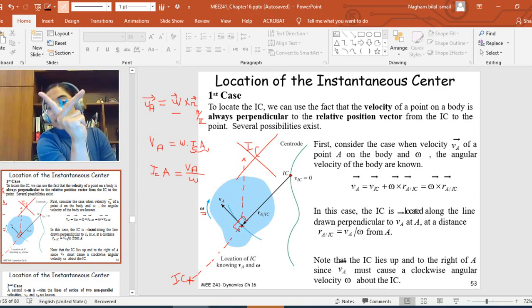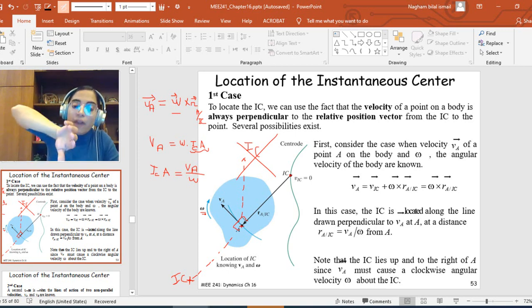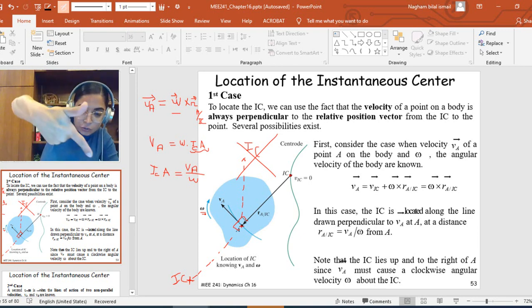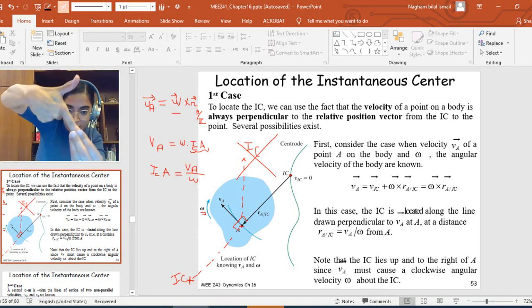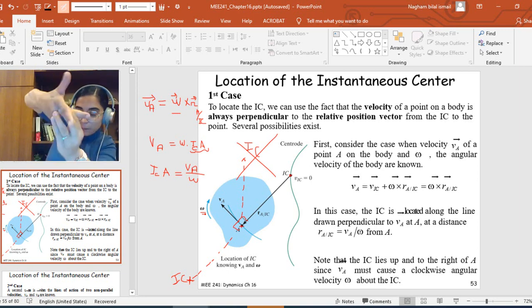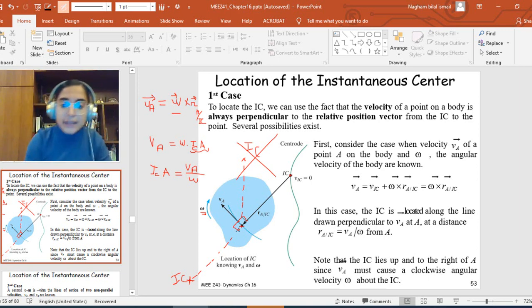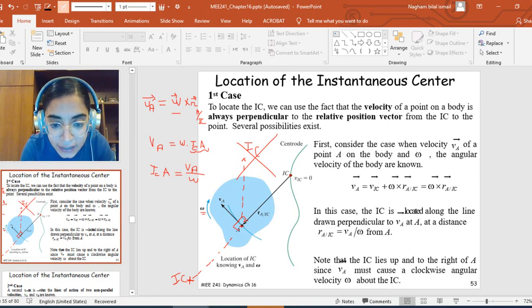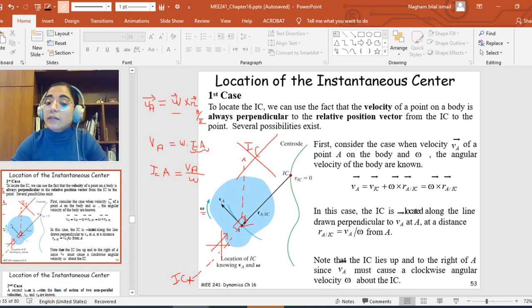This means that if omega is towards you, RA with respect to IC should be in this direction, so that VA will be upward, and not in the other direction anymore. So from the right-hand rule, you can locate IC. I know that IC should be on the perpendicular line to VA.